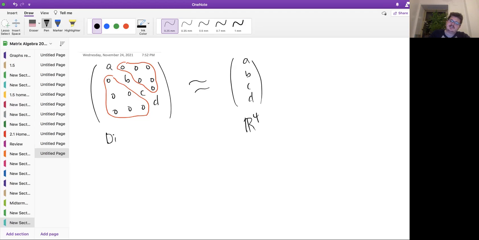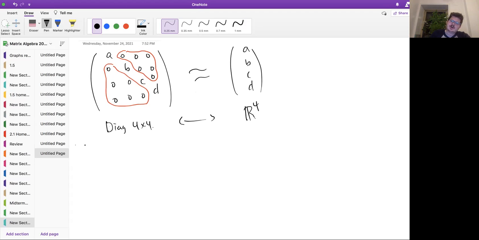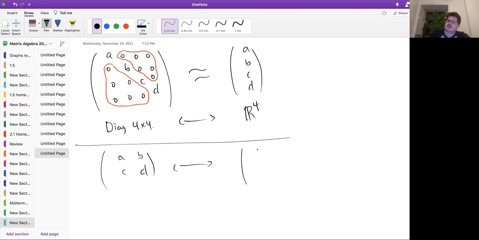So diagonal 4x4s are essentially just like 4-position vectors when I'm looking at matrix addition. If you think about it too, the same thing would be true for 2x2s, right?